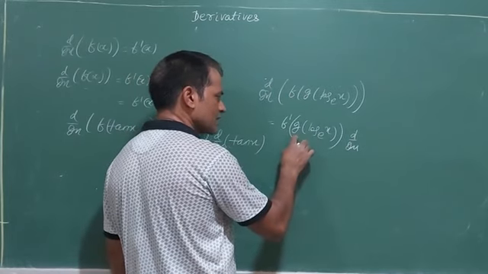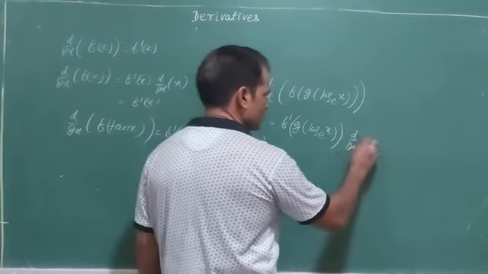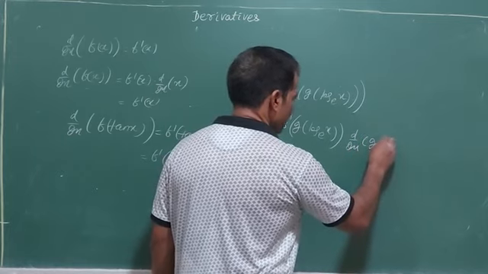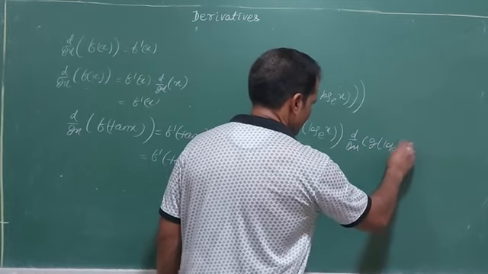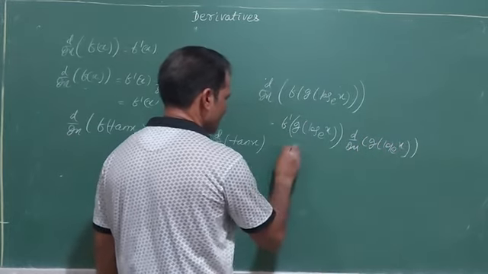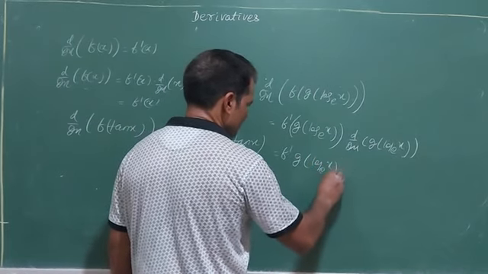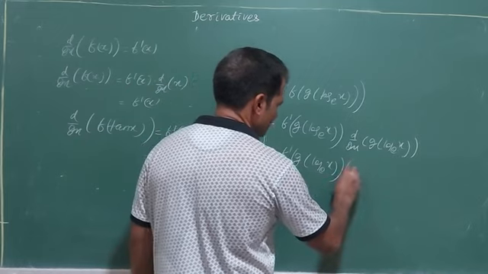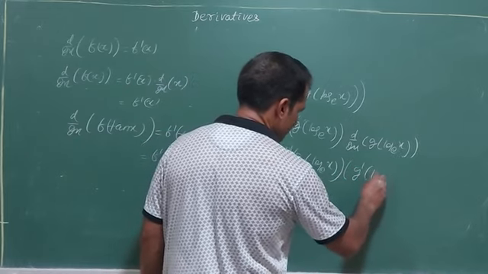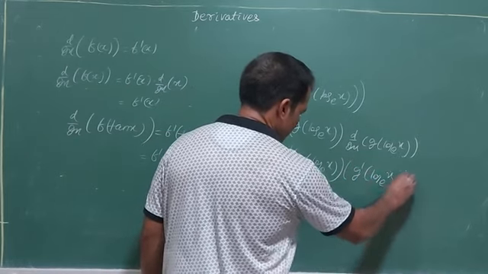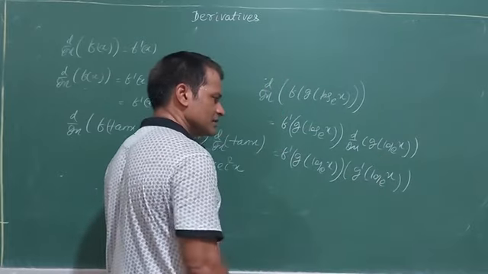Then this packet I have to remove, g of log x. Then f dash of g of log x into g dash of log x. You have done the derivative of g.